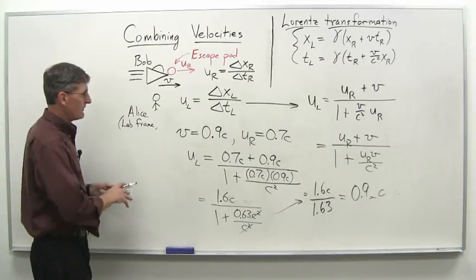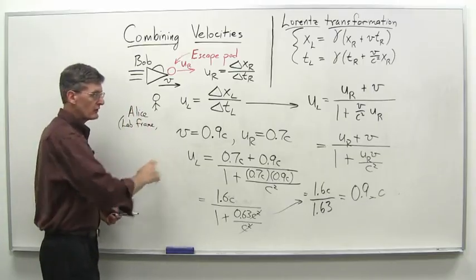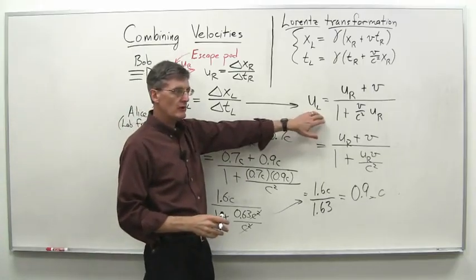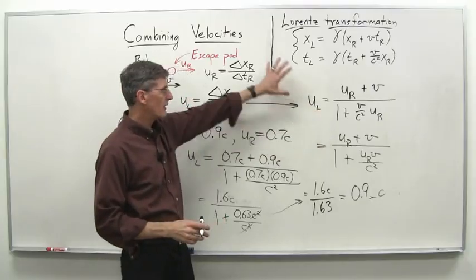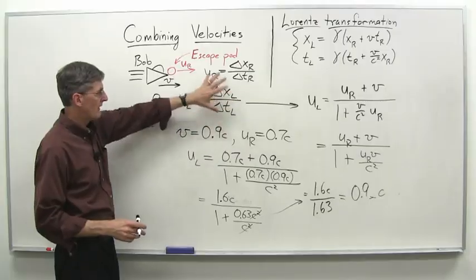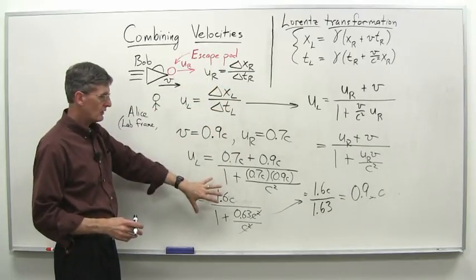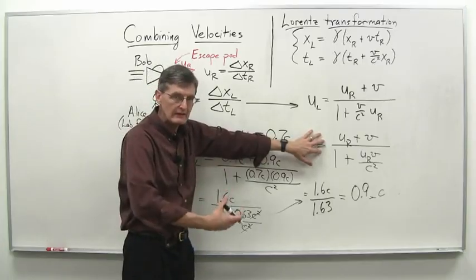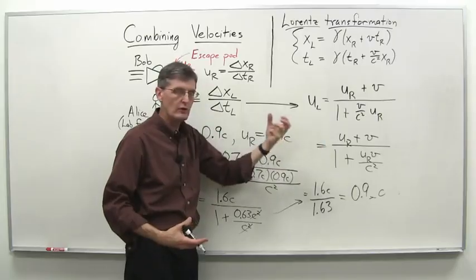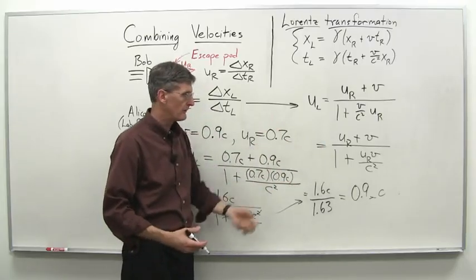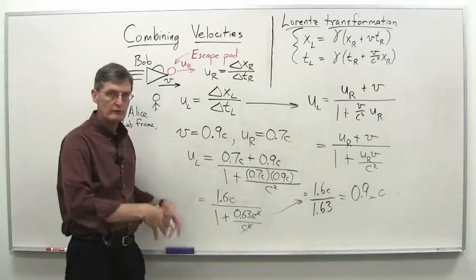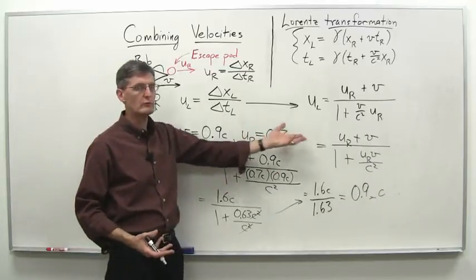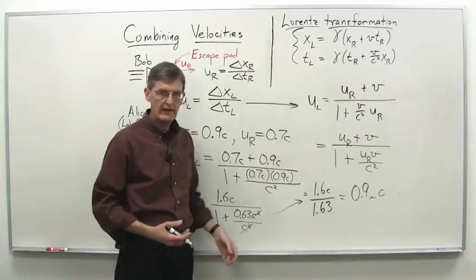Okay, so that is our basic combining of velocity equation. We got it from the Lorentz transformation and the basic definition of a velocity. And we see the Galilean transformation is embedded in it, because if the escape pod velocity and the relative velocity between the frames are low with respect to the speed of light, then we just get our normal u sub r plus v, just add velocities.